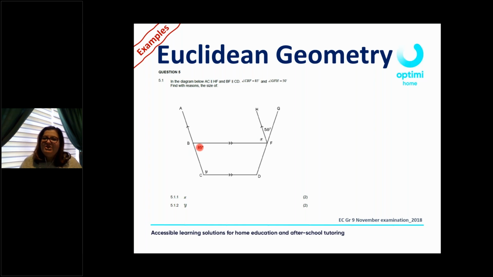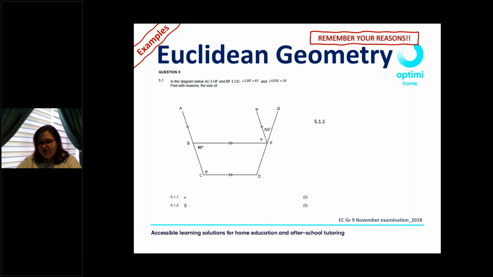And you must remember you need to tell them which two lines are parallel to each other, which two lines cause you to be able to use alternating angles. So you can say X is equal to 85 degrees, alternating angles with line AC parallel to line HF. Okay, and you can write it like this.